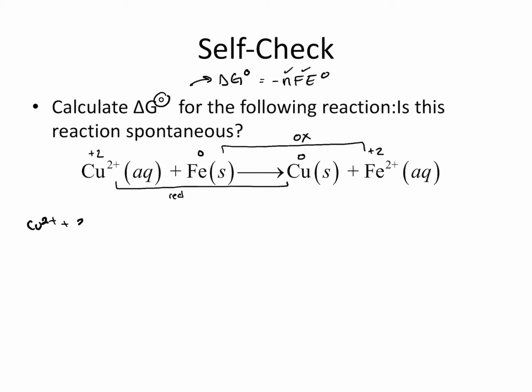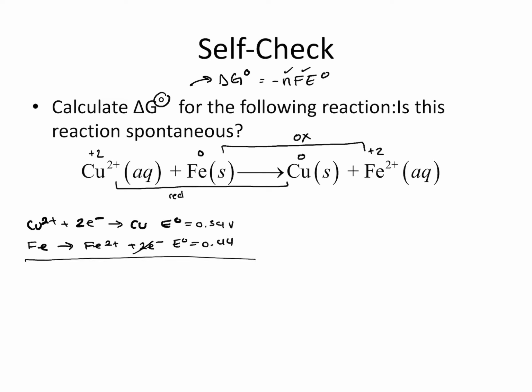So I have my copper, and then I have my iron, but I'm going to flip my iron. My electrons cancel, and I get my reaction. Just double checking that I would get the same thing. And my E cell is therefore the sum, which is 0.78.